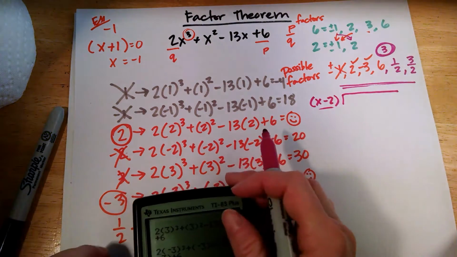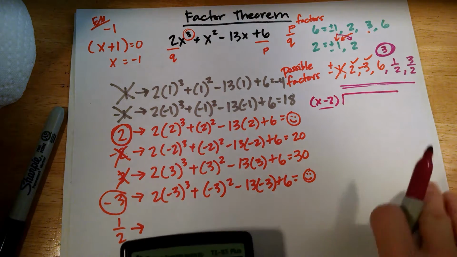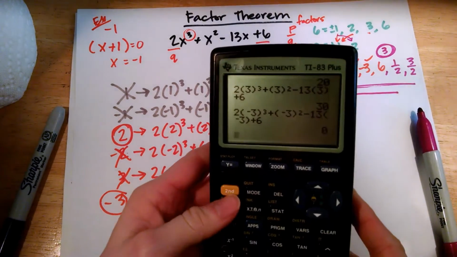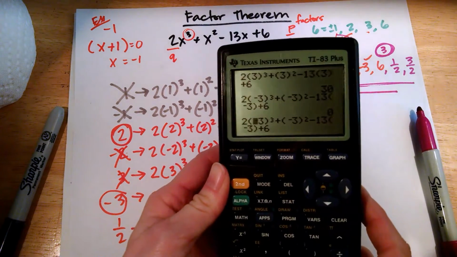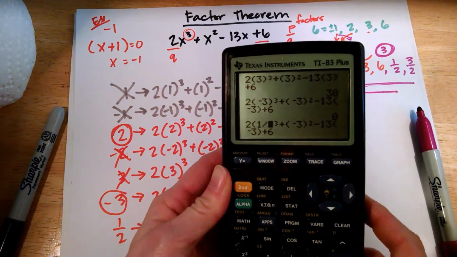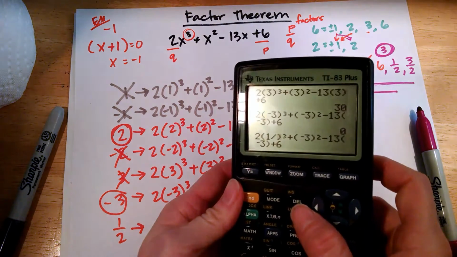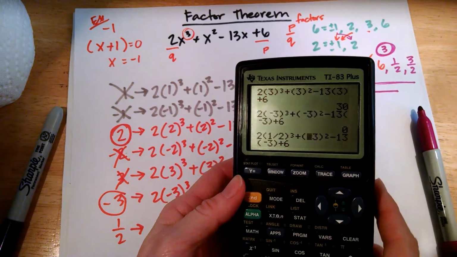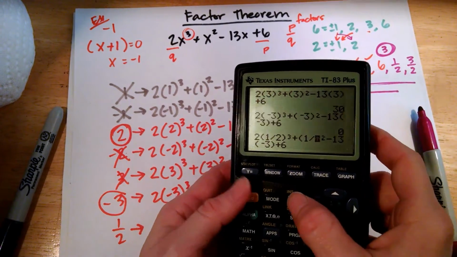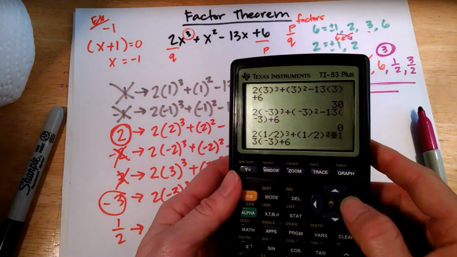Okay, so 1/2. We're going to do 1/2 here. Put it in the calculator. So second entry, I'm going to change this negative 3 to 1/2. Oops, I need to find room first. I'm going to say second insert, 2. So 1/, second insert, 2.